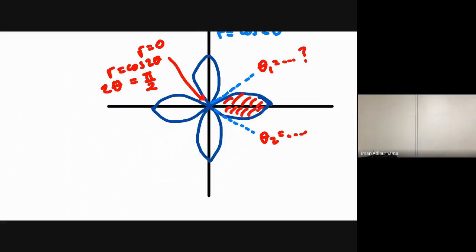Get it from here? So at this point, r is 0. How can r be 0? Cos pi over 2 is 0, which means cos 2 theta, the 2 theta will be equal to pi over 2. So theta will be pi over 4.